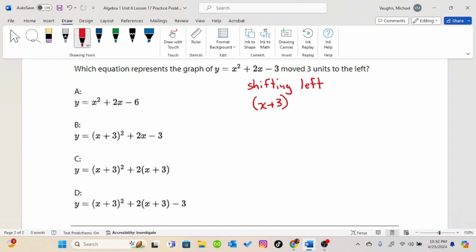So everywhere we see an x, we're going to replace it with x plus 3. So when we rewrite this, it would be y equals x plus 3 squared plus 2 times x plus 3 minus 3. And if we look at our choices, that matches choice D.